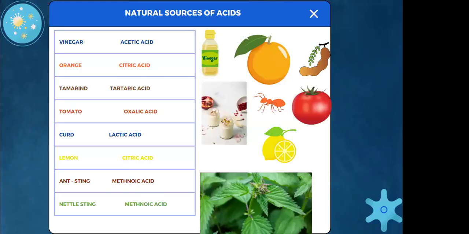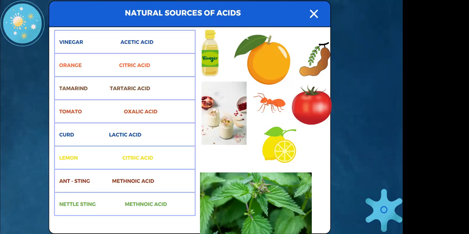Here are a few acids which are present around us. Most of you know these resources which are sour in taste. Number one is vinegar, which has acetic acid. These names, acetic acid, citric acid, are the chemical names. Next is orange, which has citric acid.